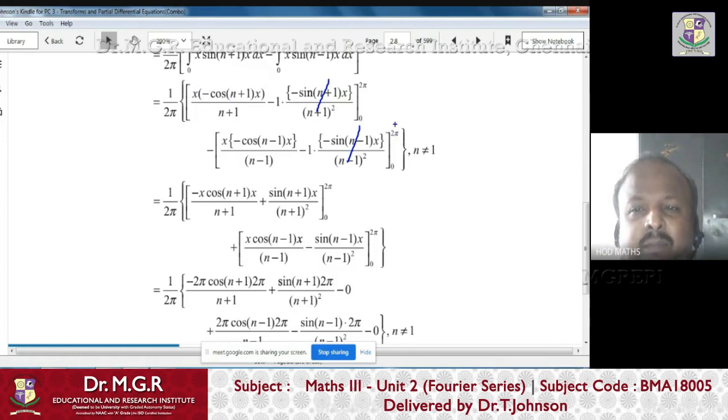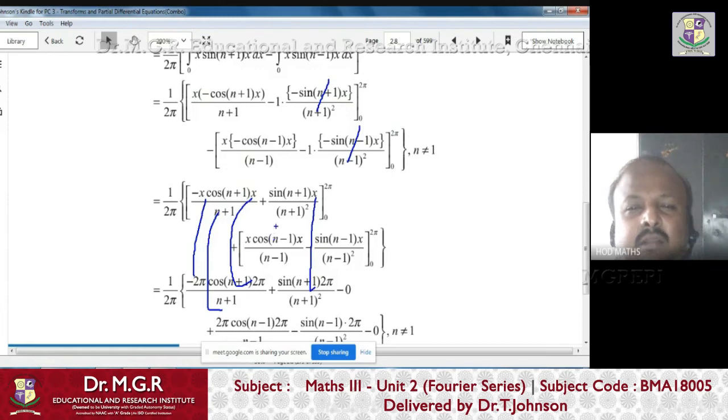When you put the upper limit x equals 2 pi, here it is 2 pi minus cos n plus 1 of 2 pi, so 2 pi divided by n plus 1, and then the sine n plus 1 of x term with n plus 1 the whole square.